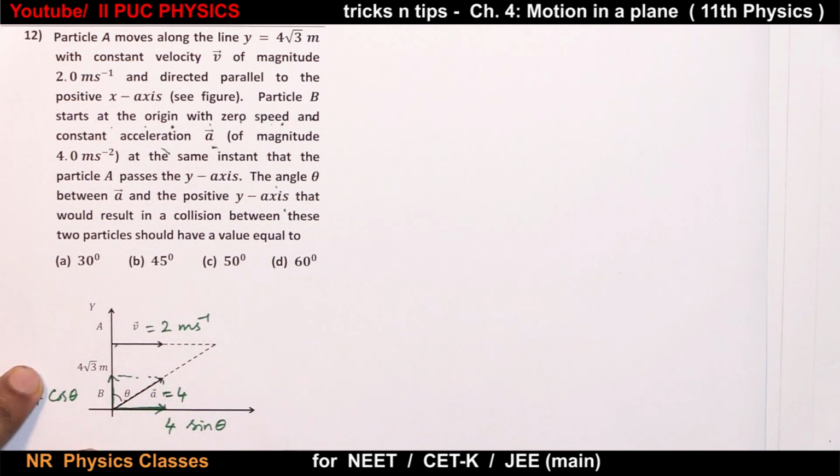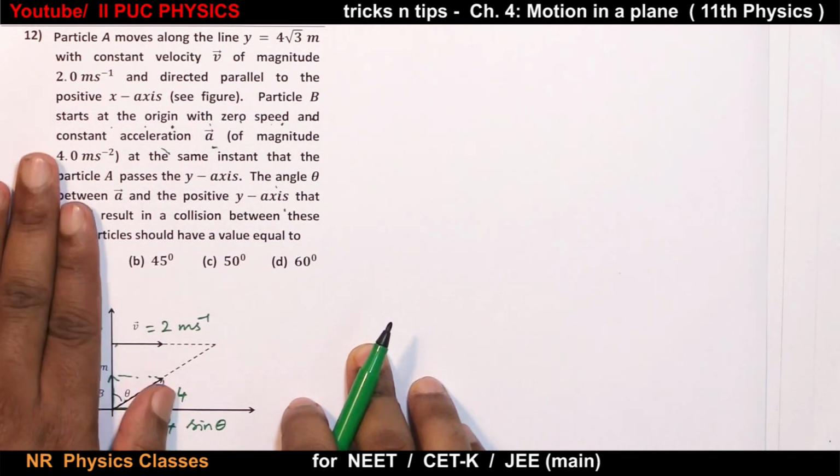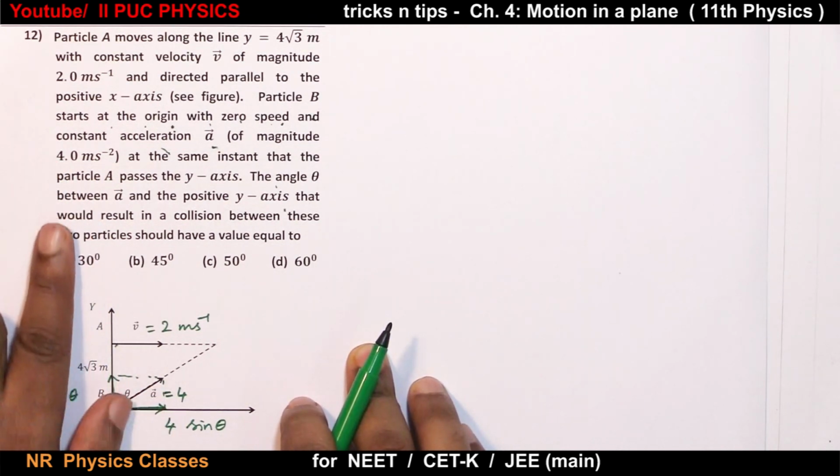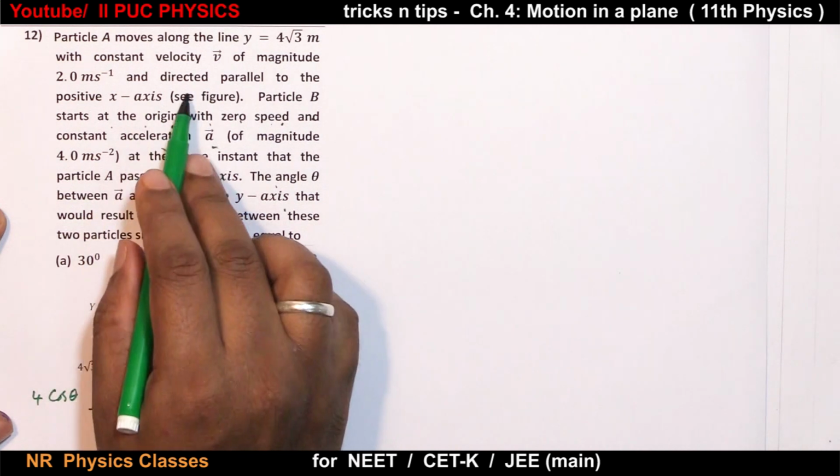Okay. Now consider motion in this direction. This initial velocity is 0 because it is mentioned starting from rest.